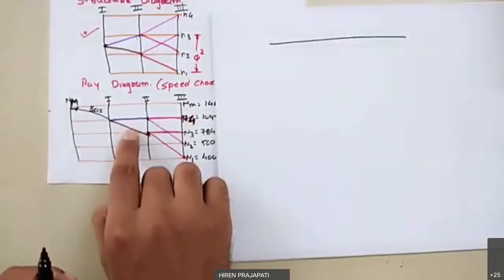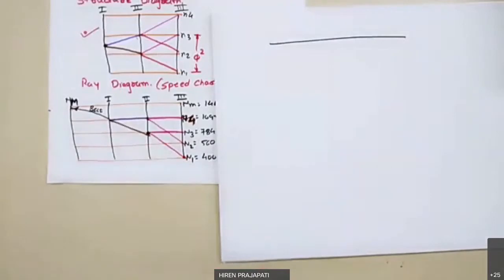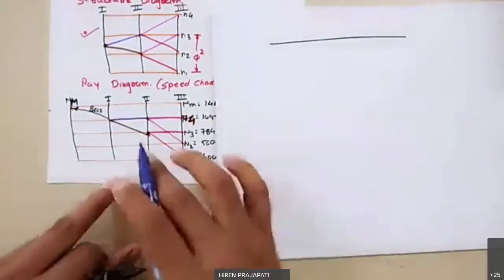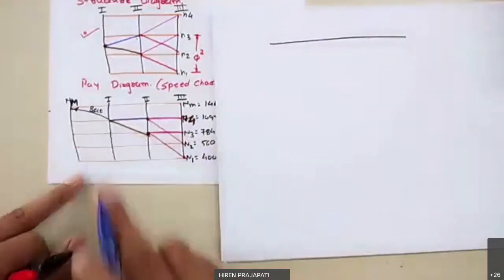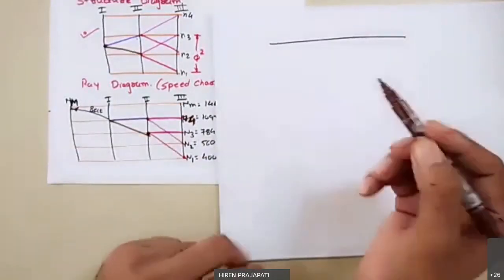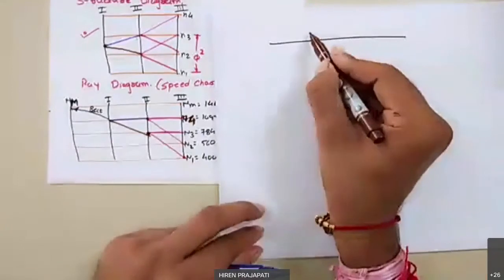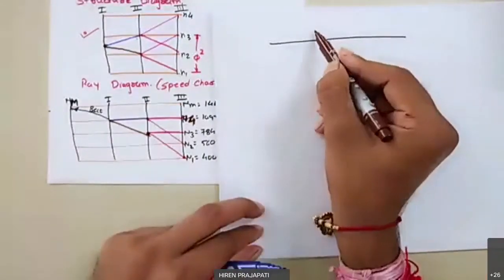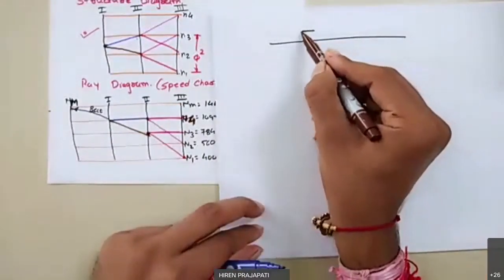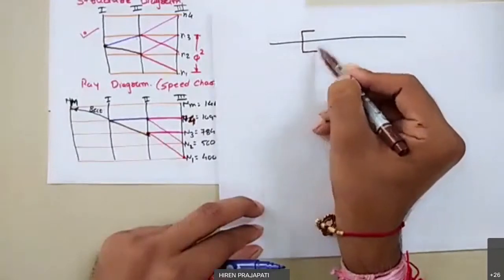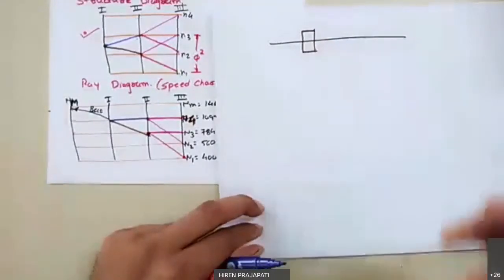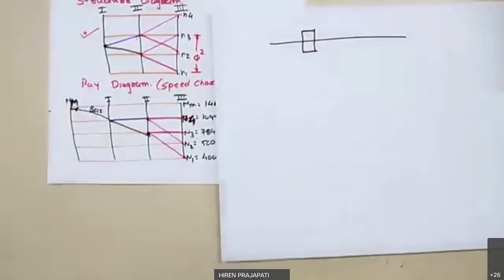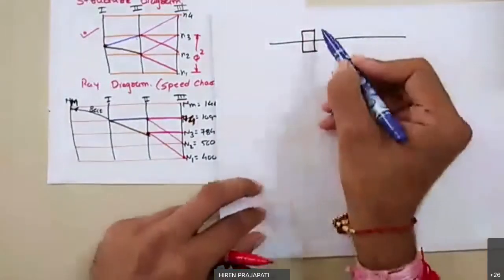let me indicate two gears on one gear cluster. And this brown ray is giving us reduction. So let me consider one small gear and a large gear.